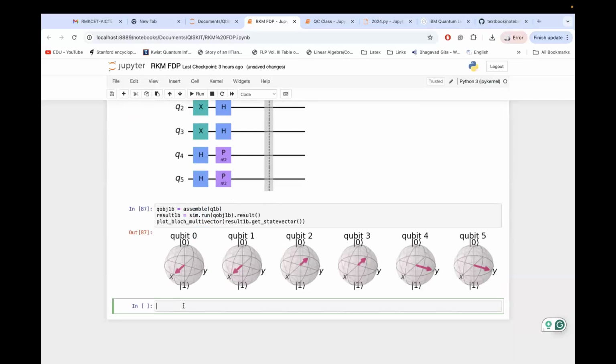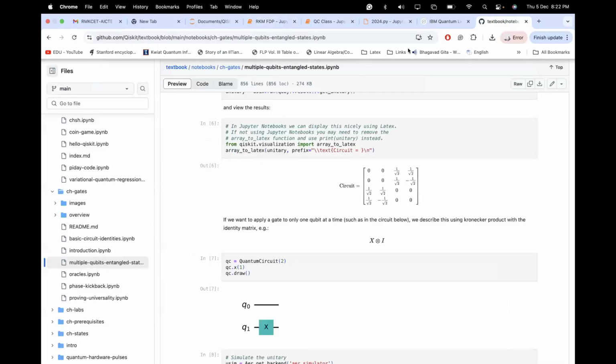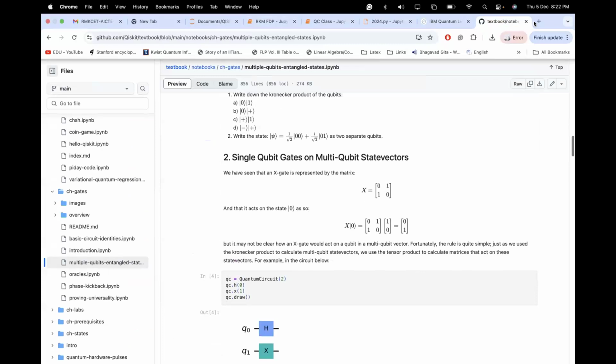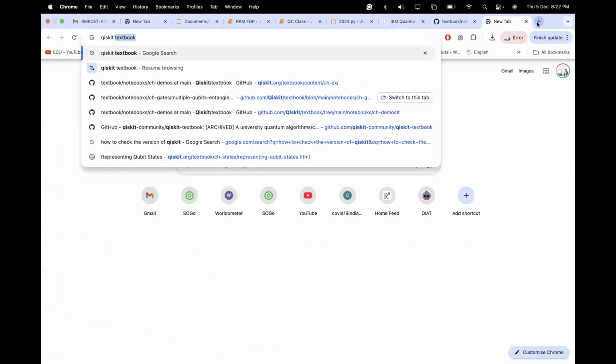Now I'm going to create a circuit, and if you want to have more insights on how to use this, you can go to something called the Qiskit textbook.